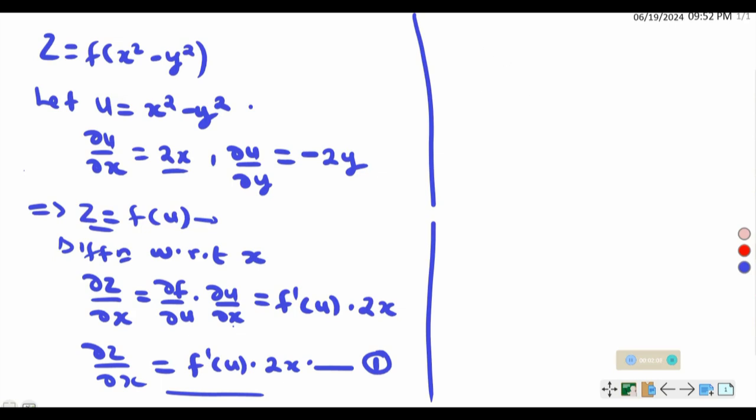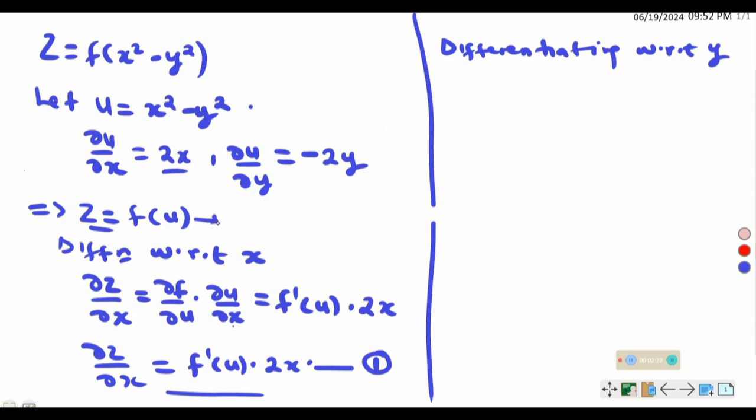Next, we shall do the same for y, that is differentiating z with respect to y.